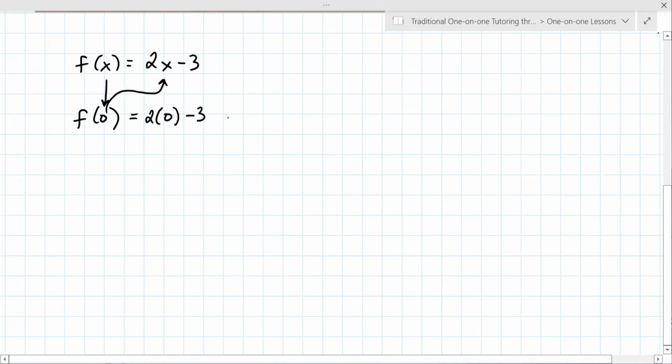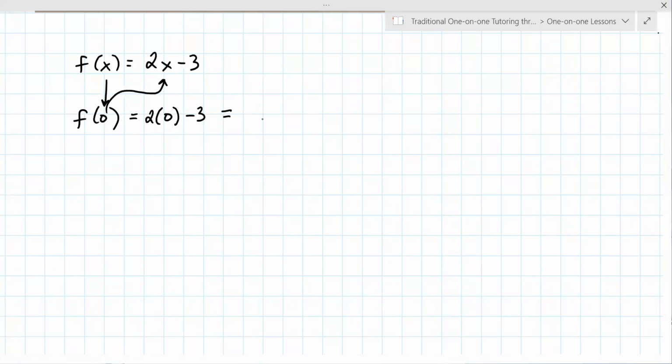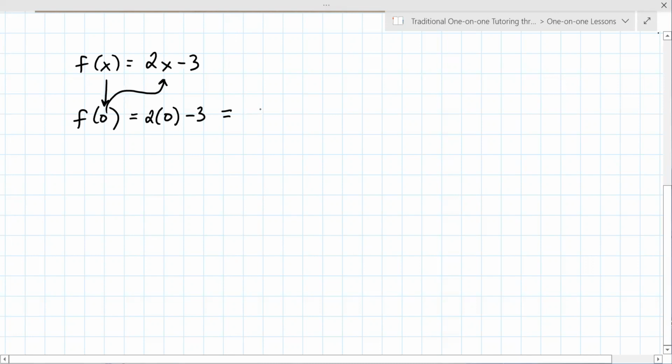Can you simplify that for me? 2 times 0 is 0. 0 minus 3 is negative 3.